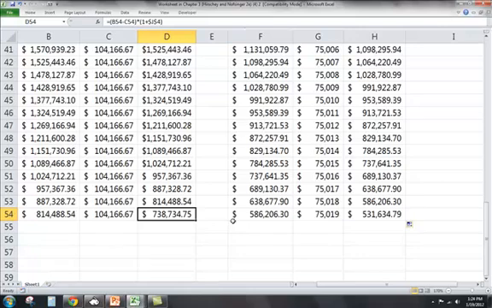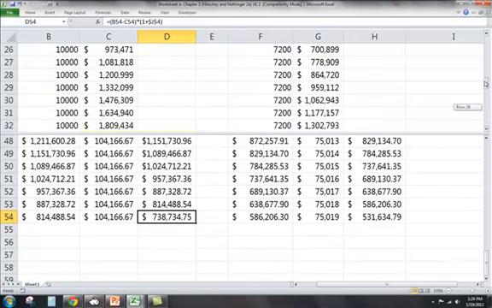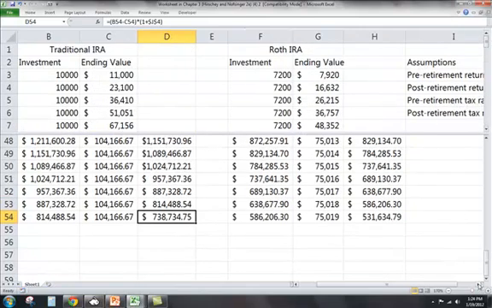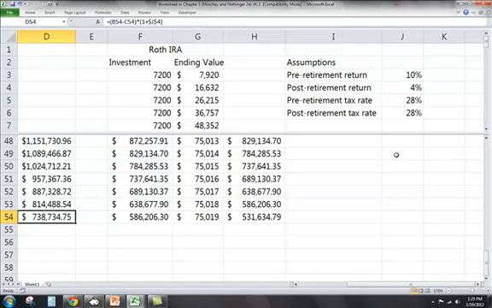Now, it looks like that traditional IRA is a better choice under this scenario, but the problem that a lot of people are worried about is that tax rates will go up. And no one knows what tax rates will really be 20, 30 years. This is actually 50 years into the future now under my assumptions.